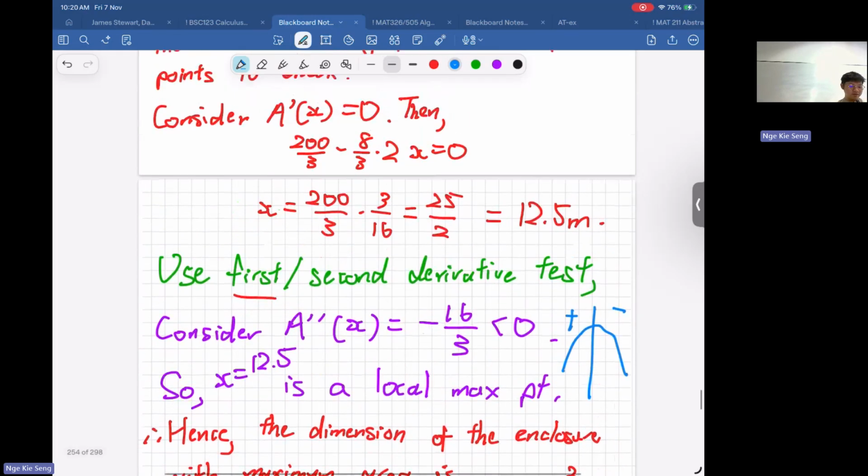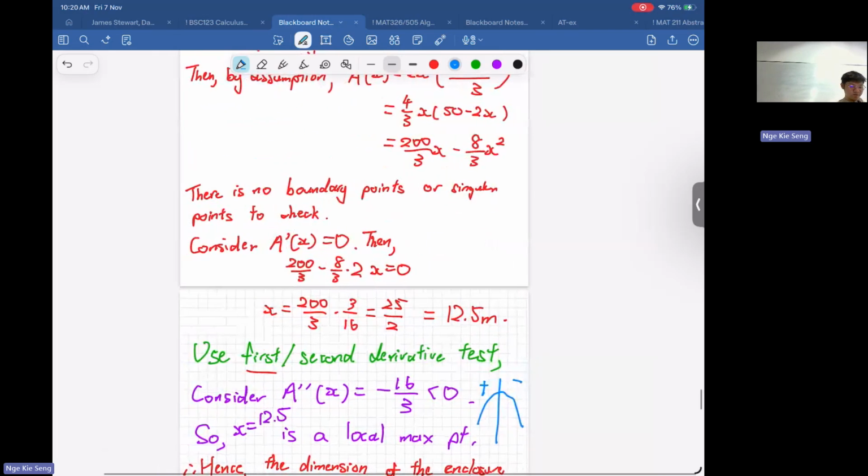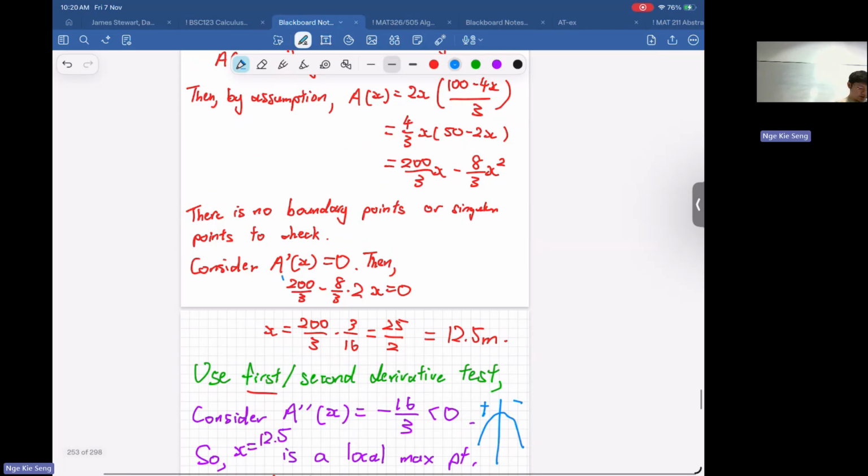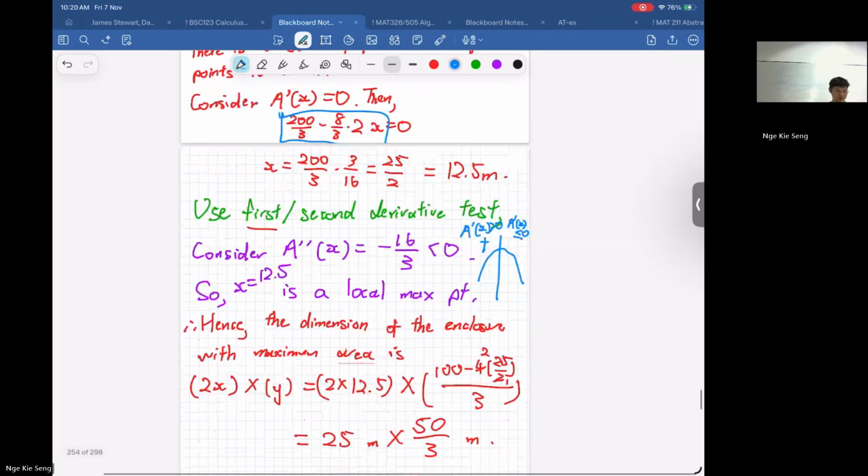So if you substitute values into your first derivative, if you see a value less than 12.5, you should get positive; greater than it, you should get negative. So here A'(x) is greater than 0, and on the other side less than 0.